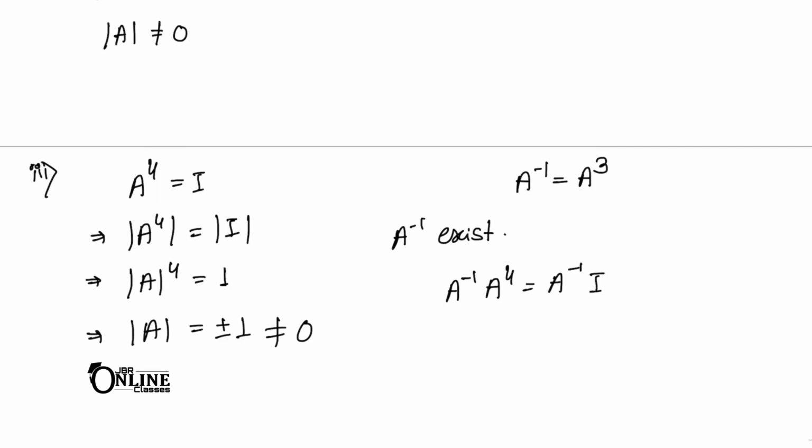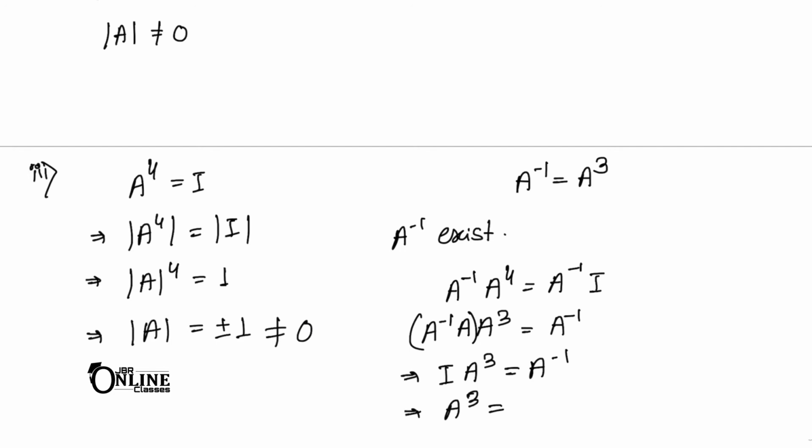Now you can write this one as A inverse I. And you can write A to the power 4 as A inverse A cube, that equals A inverse only. So as A inverse A means I, only this portion A inverse A equals I, into A cube equals A inverse, and if you multiply I with A cube it becomes A cube. So here A cube equals A inverse, and it's proved.